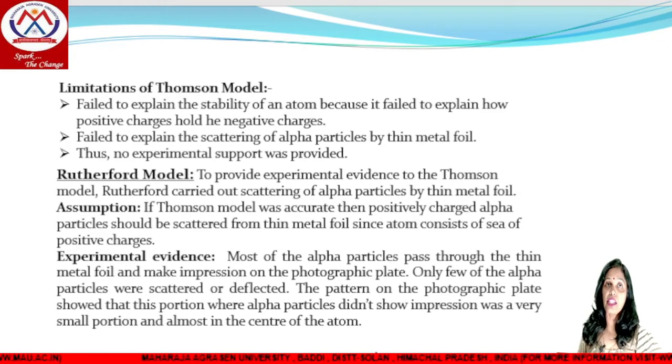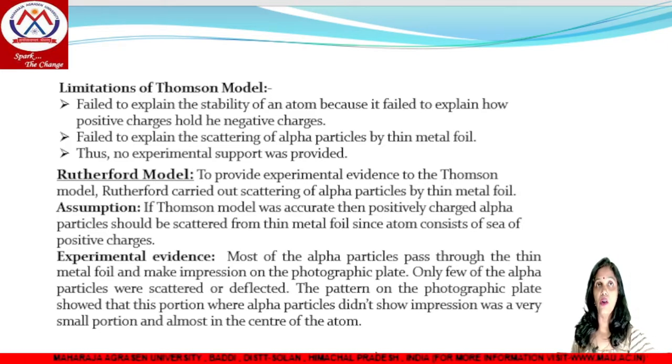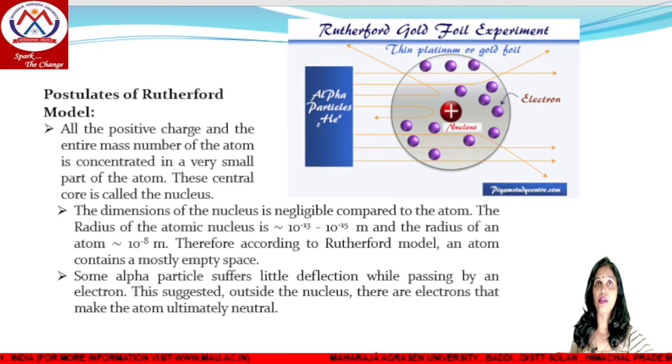To provide experimental evidence for the Thomson model, Rutherford carried out scattering of alpha particles by thin metal foil. He assumed that if the Thomson model was accurate, then positively charged alpha particles should be scattered from within the metal foil, since the atom consists of a sea of positive charges.